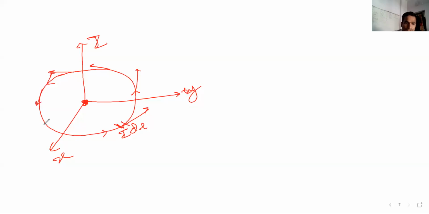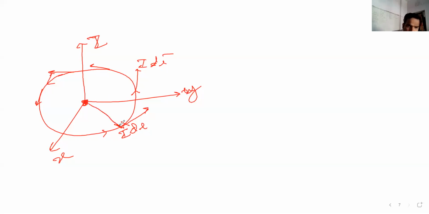Even though current is flowing in a circular loop, the direction of Idl bar is always tangential to the circular loop. And we wish to find H at this point, so we'll connect this point.